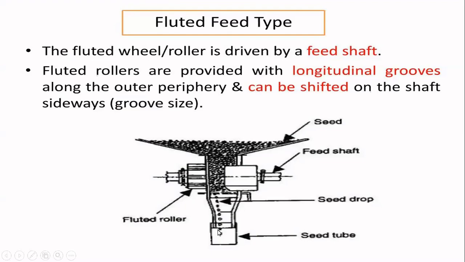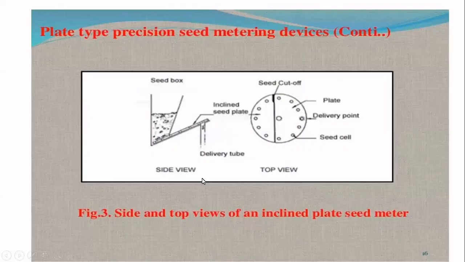Finally, you see seeds fall down in the same sequence, at the same distance, in a proper manner, one by one, from the metering device. This is also a plant seeder metering device mechanism.